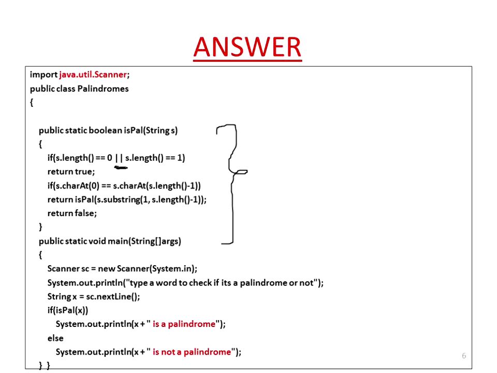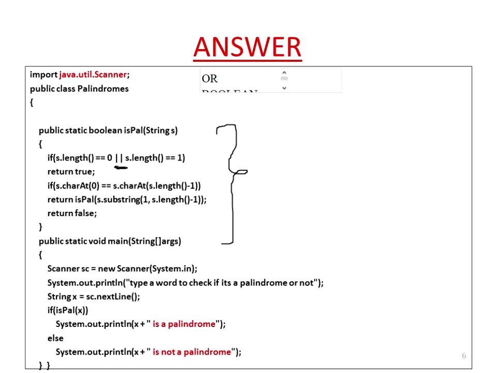This is the OR Boolean operator. We have 3 types of operators, if you remember.